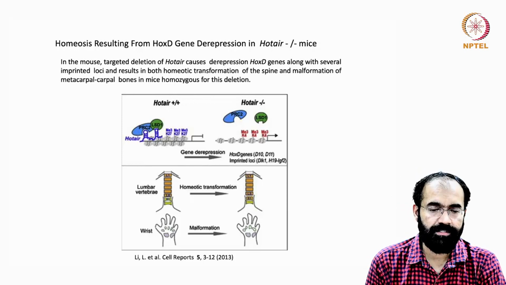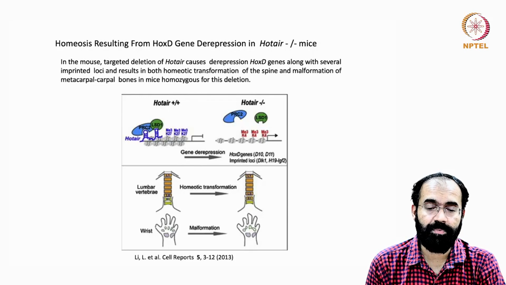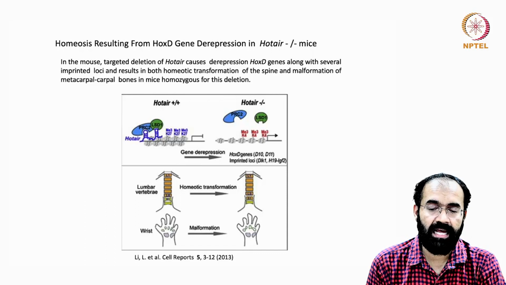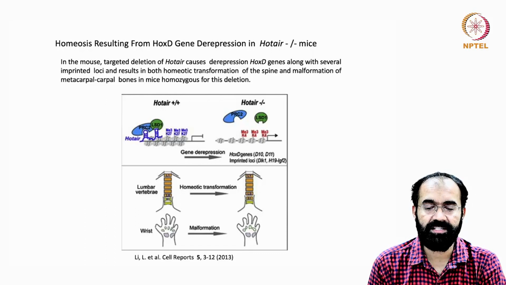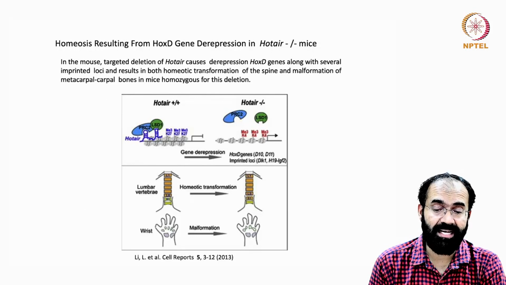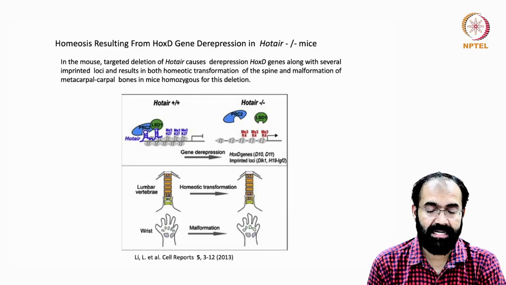So in mice, targeted deletion of HOTAIR causes derepression of HOXD genes along with several imprinted loci and results in both homeotic transformation of the spine and malformation of metacarpal to carpal bones in mice homozygous for this deletion.